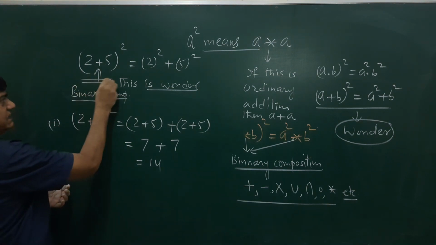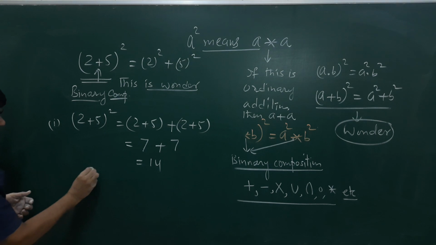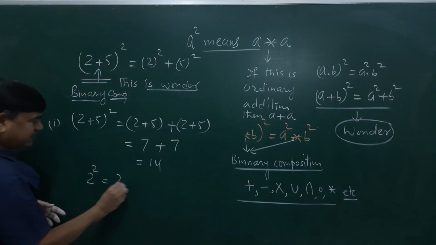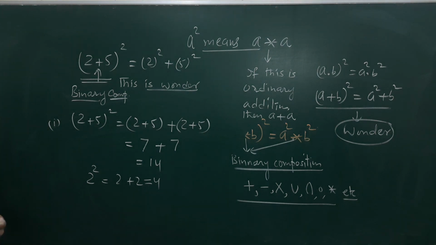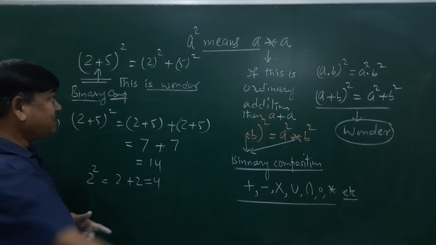First part: what is the meaning of 2 square? It is 2 plus 2, that is 4. This is the number in which 2 into 2 is 4 and 2 plus 2 is 4, but it is not so in the case of other numbers like 5.